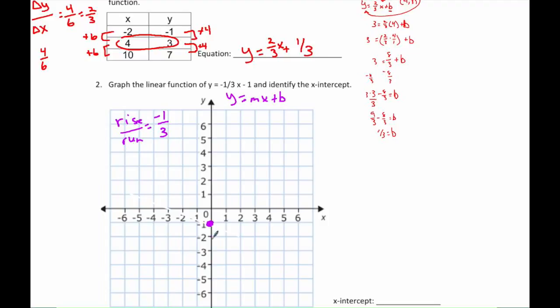So I go down 1 over 1, 2, 3, down 1, 1, 2, 3, or going the opposite way. It's the same thing as saying 1 over negative 3. So go up 1, 1, 2, 3, up 1, 1, 2, 3.